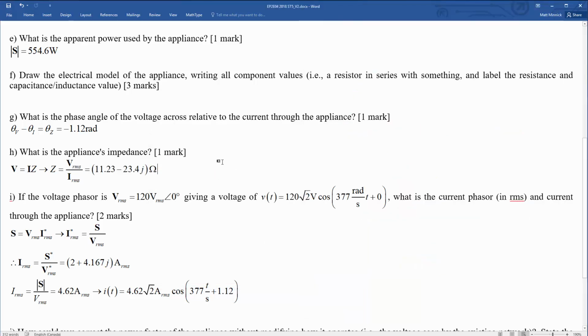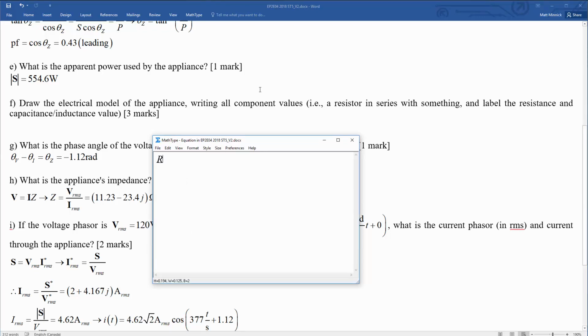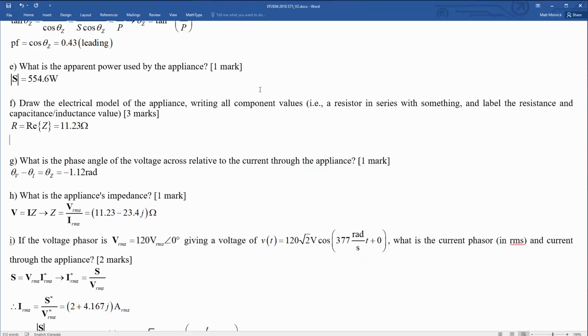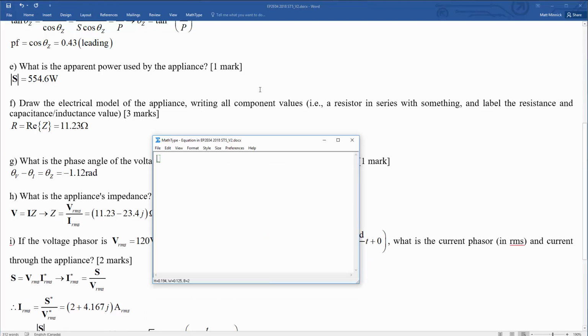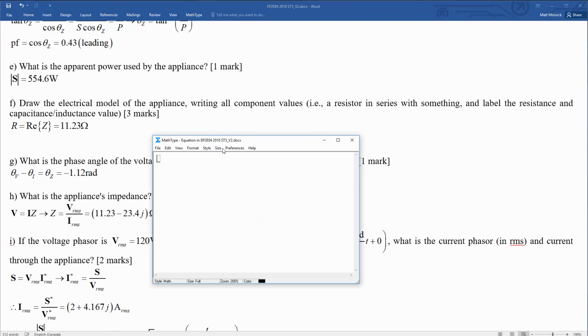Okay, and now that we have that, we can figure out what each of the different components would be. So what the resistance value would be. The resistance is just going to be the real part of Z, because the two things are in series, and so that's equal to 11.23 ohms. And to figure out the other part, this is a little bit more involved.